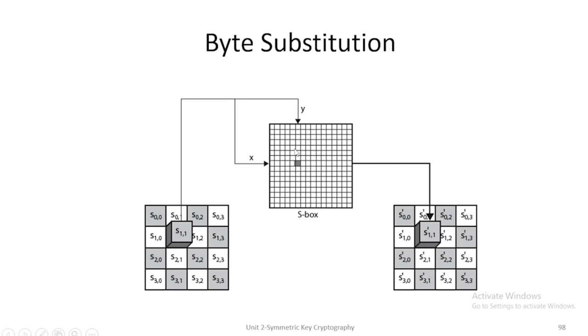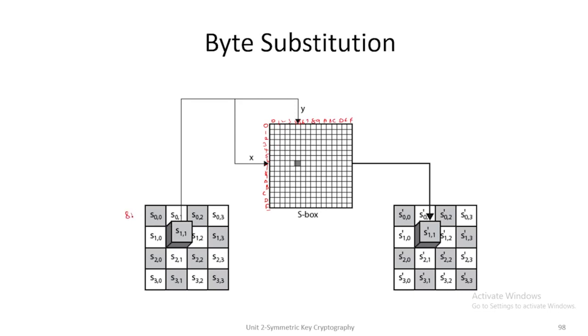In the AES algorithm there is only one S box, and the S box rows are named with hexadecimal values: 0, 1, 2, 3, 4, 5, 6, 7, 8, 9, then A, B, C, D, E, F. So totally 16 columns, and here also 16 rows and then 16 columns. This is the general representation.